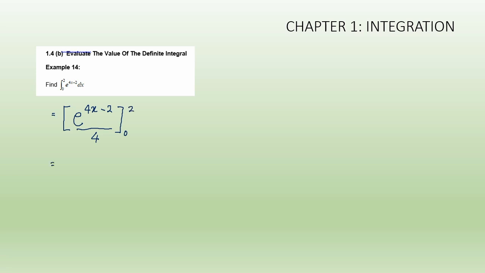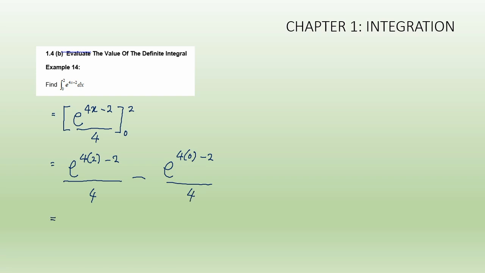Next, we substitute the upper limit first into x, so we have e power of 4 times 2 minus 2 over 4, and we always subtract, and then we substitute the lower limit, which is 0, so e power of 4 times 0 minus 2 over 4.